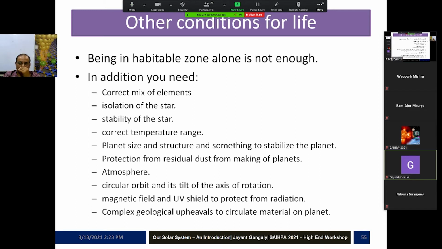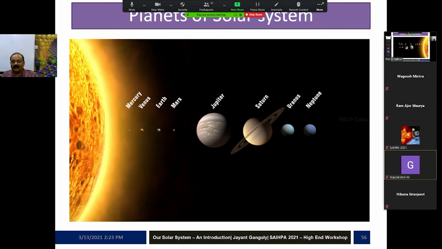Additionally, what we need is a correct mix of elements, isolation of stars, stability of the star, correct temperature range, all these atmospheric considerations. A UV shield is there, like we have our ozone layer and other things. Complex geological processes are very important, which we will be discussing, because the origin of our magnetic field depends on that particular aspect.